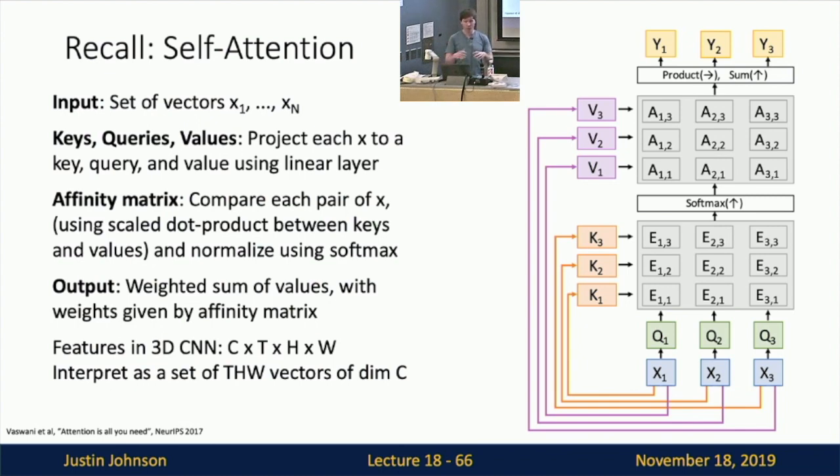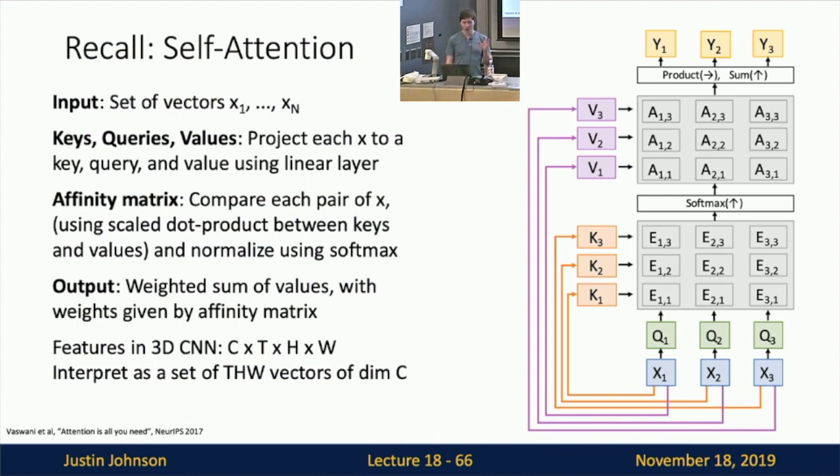Using some kind of linear projection operator on the input vectors, we would compute an affinity matrix, which tells us how much every pair of vectors is related, by computing some kind of square root scaled dot product between the keys and the queries. And then the output for each vector would be a weighted linear combination of the values, weighted by the values in the affinity matrix.